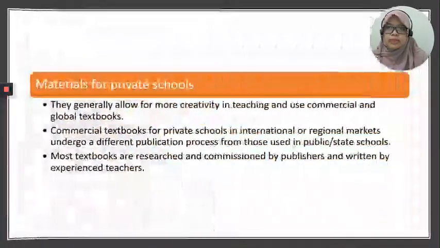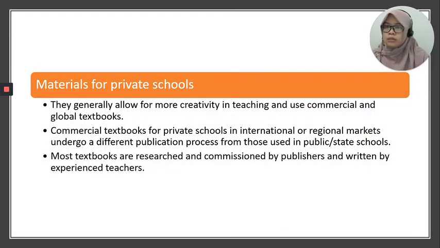Okay, and then it's quite different when we talk about the materials for private schools. When we talk about materials for private schools, they are generally more varied.